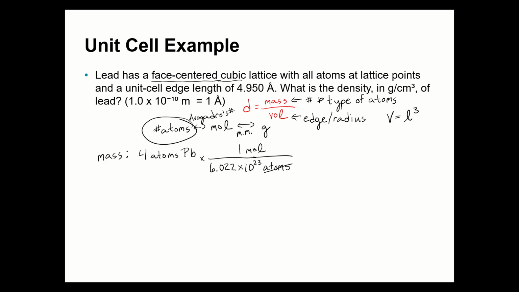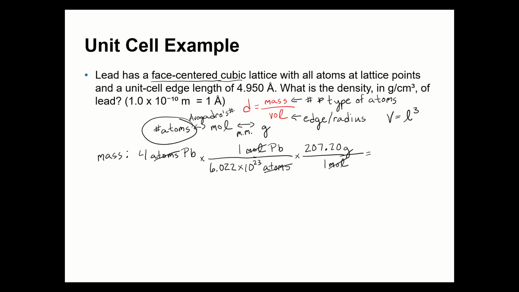Okay, so atoms cancel, and we're left with moles of lead. And now we can convert to grams using the molar mass. So you would have to go to the periodic table and see that the molar mass is 207.20 grams per 1 mole. Okay, so now moles will cancel out, and we're left with the grams of lead that we have.